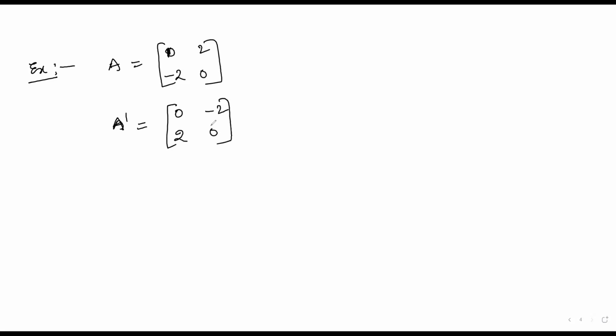This row becomes column. If you take minus common, you get minus of 0, 2, minus 2, 0, which is minus A. So A transpose equals minus A. Therefore you can say it is skew symmetric.